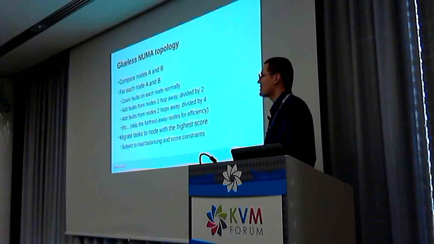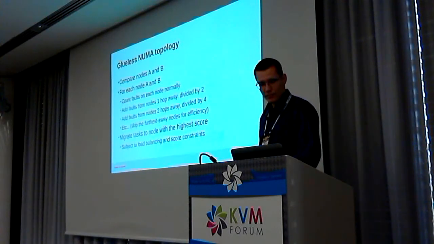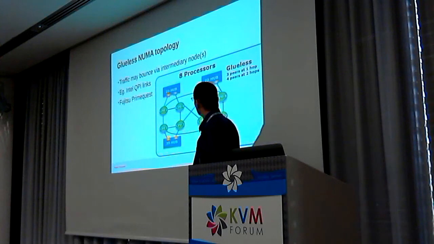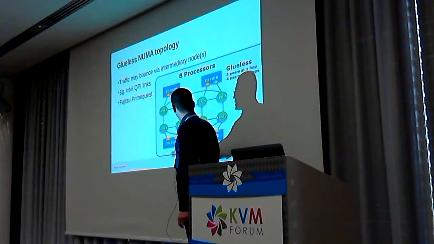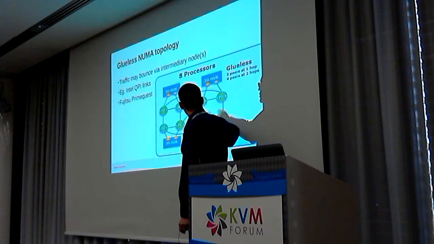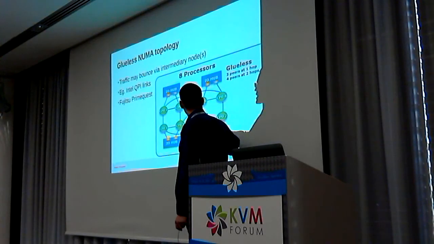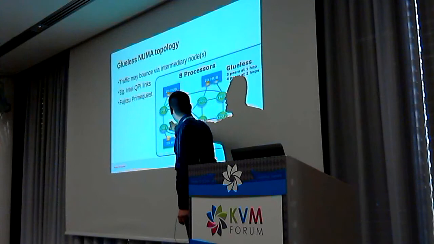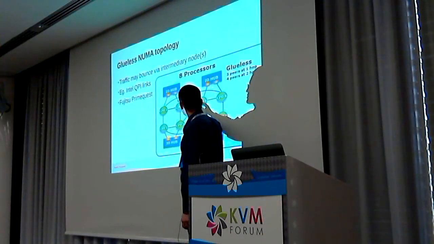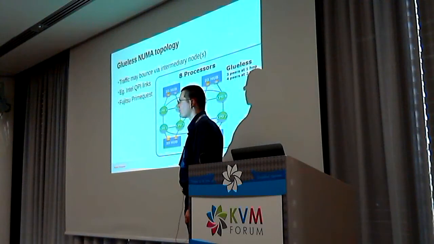This means that if a program, for example, is currently running on node 1 and node 6, nodes 8 and 7 and 5 and 2 will all get a little bit of extra score because they are close to one of these.